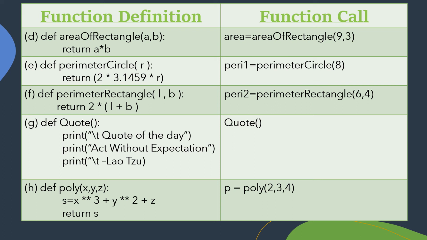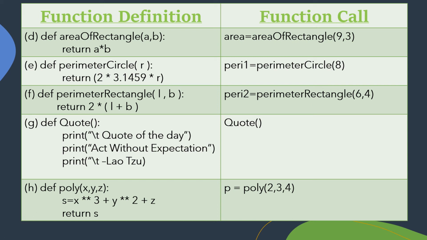Similarly, next one is perimeter circle, which is taking r as its parameter. So you can see def perimeter circle r, and it is returning 2 into 3.14 into r. So since there is a return statement in this function, we have to assign the function to a variable.